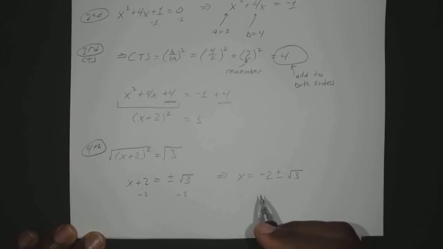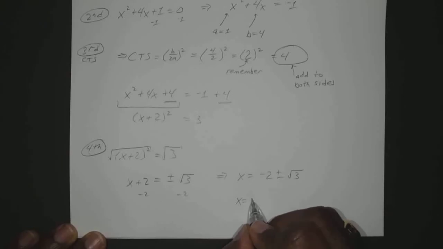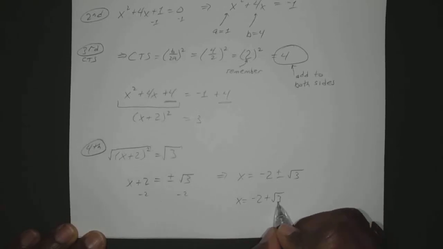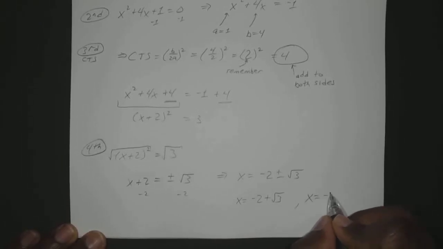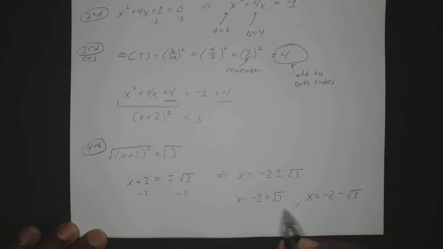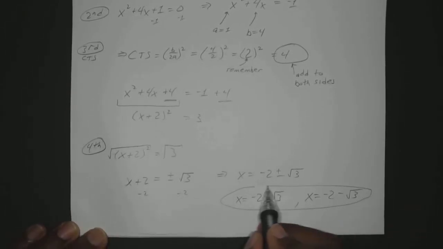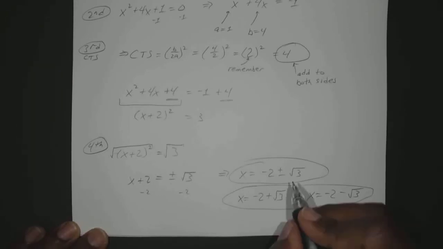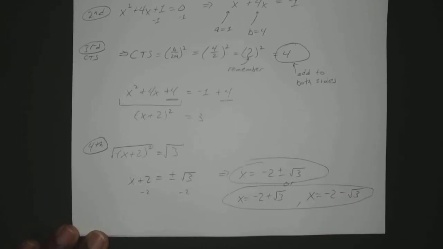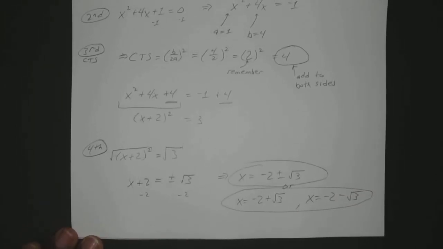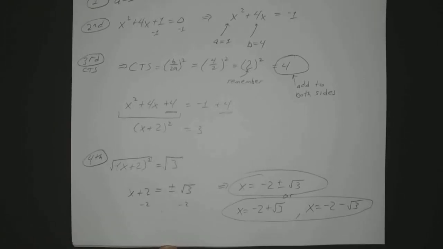Or if you want to separate it, x equals negative 2 plus square root of 3, or x equals negative 2 minus square root of 3. That or that. All right. Any questions on that one? All right. I'll leave that up for a few seconds.